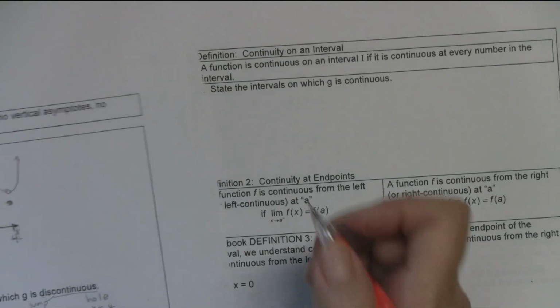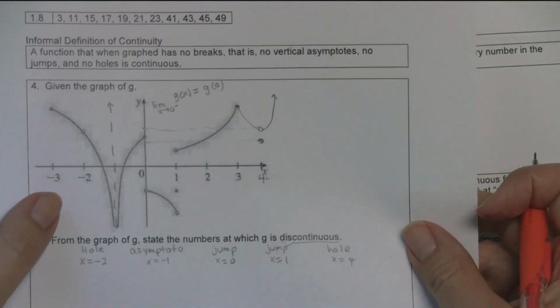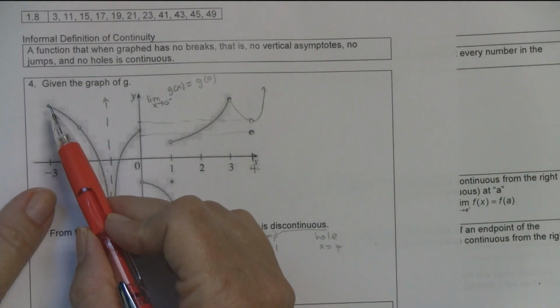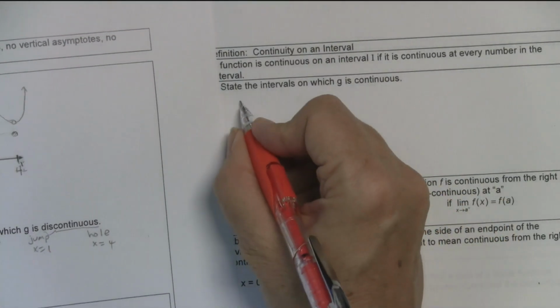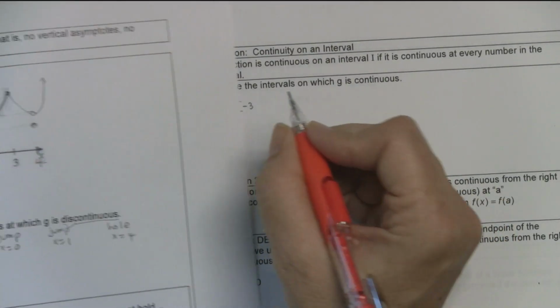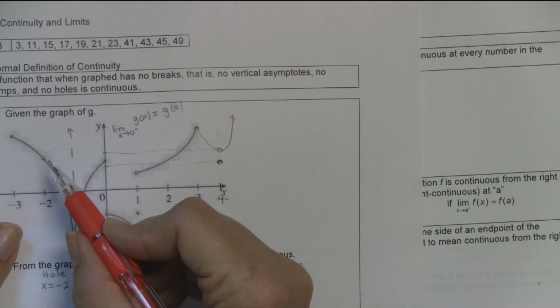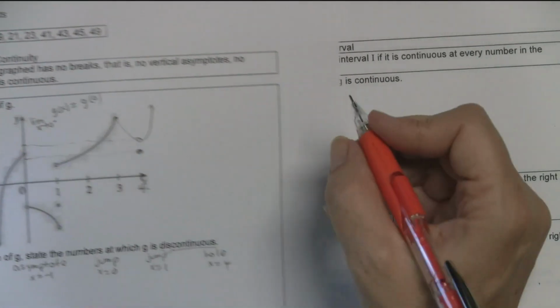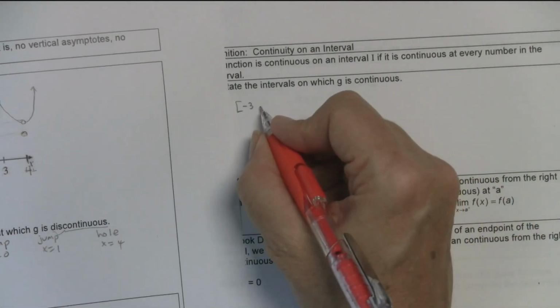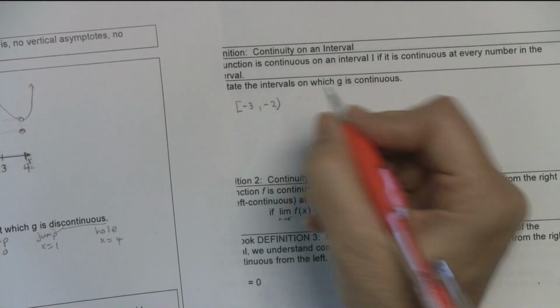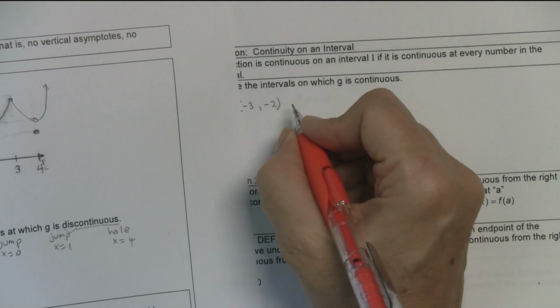So when I go to write this in interval notation, it looks like we start here at -3. And then we have the problem, a hole, but that's not left-hand continuous or right-hand continuous at -2. So I'm going to leave -2 out.